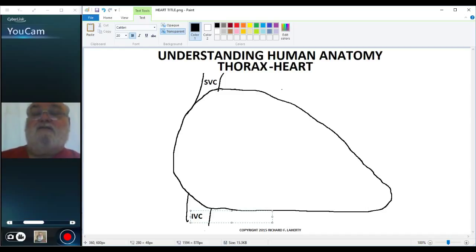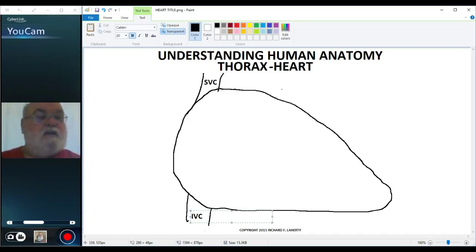So not much of it is actually in the thorax. Now, those are two major veins bringing blood back from the body to the right atrium.